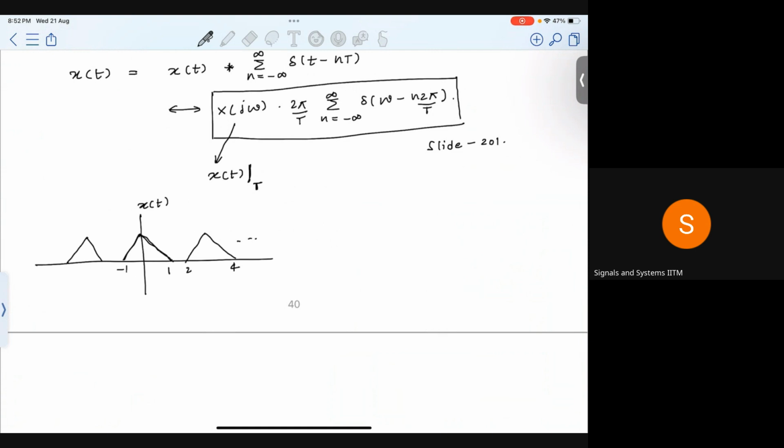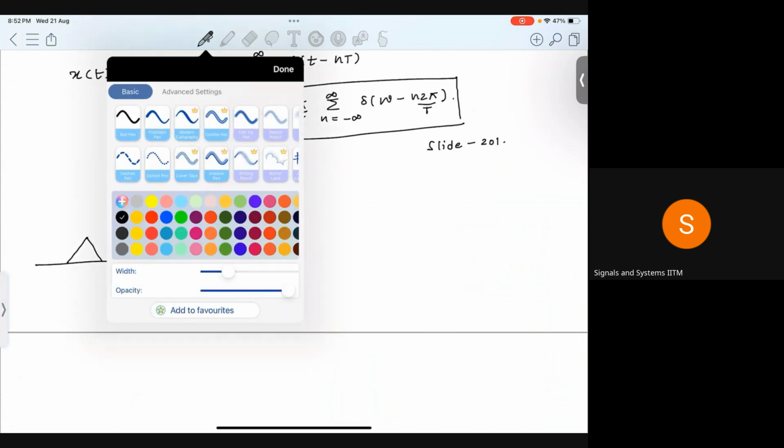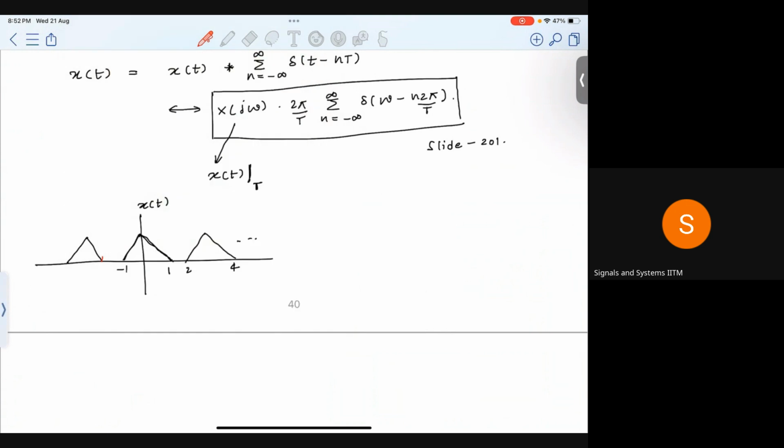You find the transformation of the signal within one fundamental period. Here in this case, find the transformation for the signal from here to here within one fundamental period.